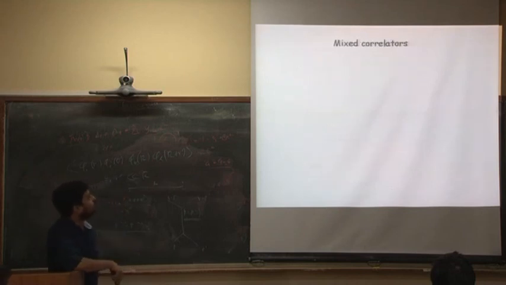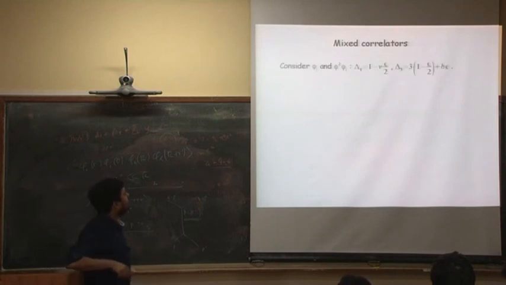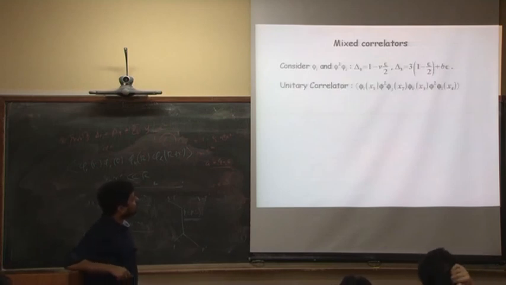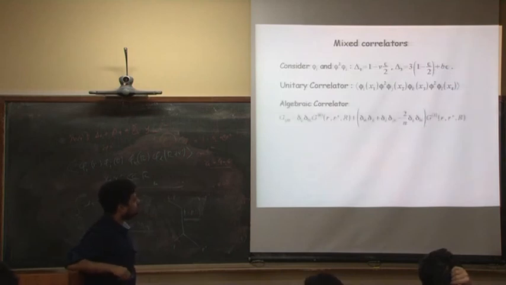And finally, we wanted to see if you can actually get the anomalous dimension of the external phi operators by considering any other correlator, not just the four phis. For that, we considered the 4-point function of two different operators, phi I and phi squared phi I. The steps are whatever I was trying to explain: first you consider the unitary correlator, then the algebraic correlator, and then you match them with each other.